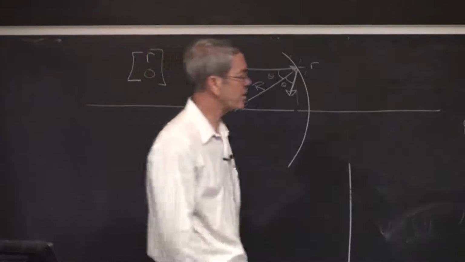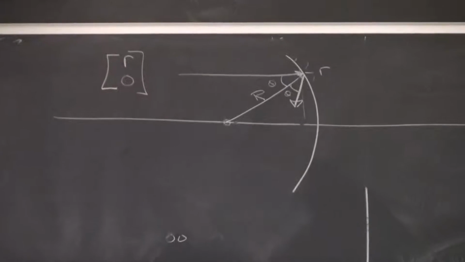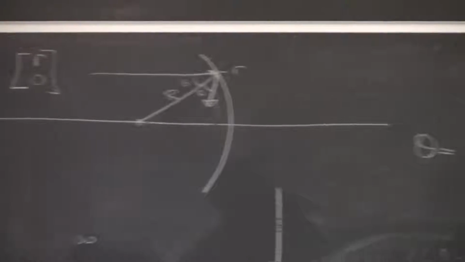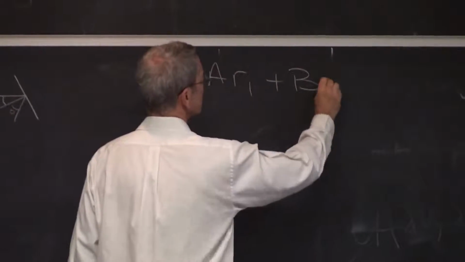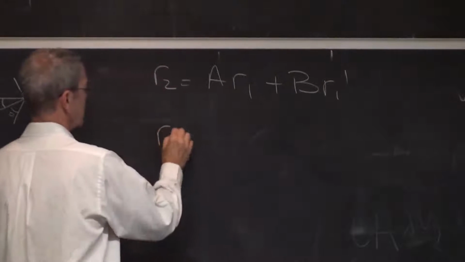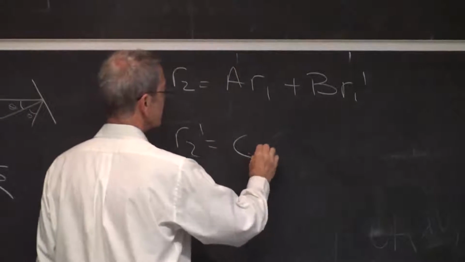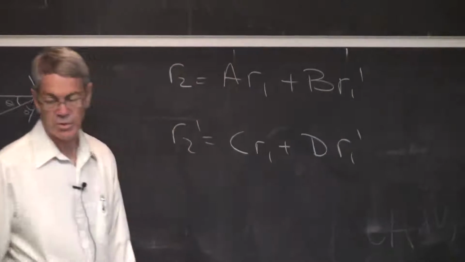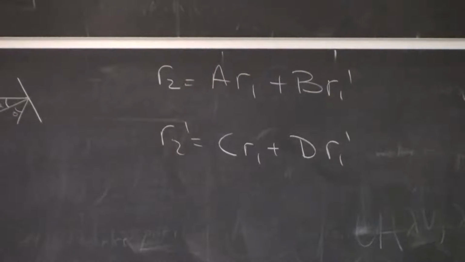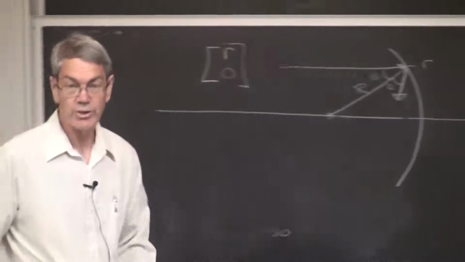Okay, so what I'm going to try and do now is figure out what R2 is, and that's equal to A R1 plus B R1 prime, and R2 prime is going to be C R1 plus D R1 prime. We're going to try and fit these things together. A lot of this we can do by inspection.